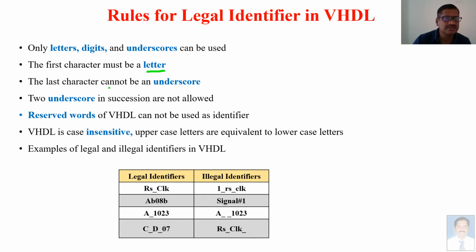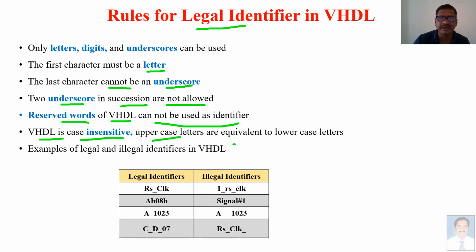The last character cannot be an underscore. Two underscores in succession are not allowed in a legal identifier. The reserved words of VHDL cannot be used as an identifier. Which are the reserved words? I will show the reserved words available in the VHDL language in the next slide. The VHDL language is case insensitive. Uppercase letters are equivalent to lowercase letters.